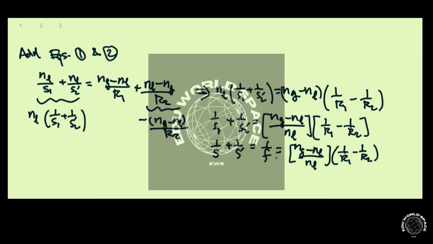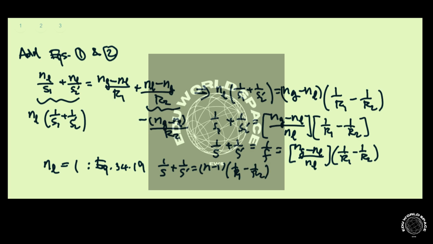Now, to make sure that we have the right equation here, if we take the special case where NL is air, we had better get the Lensmaker equation. We better get equation 34.19, which tells us it's 1 over S plus 1 over S prime is equal to N minus 1 times 1 over R1 minus 1 over R2.